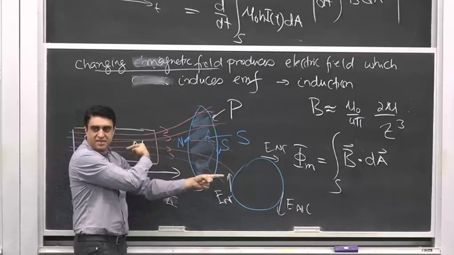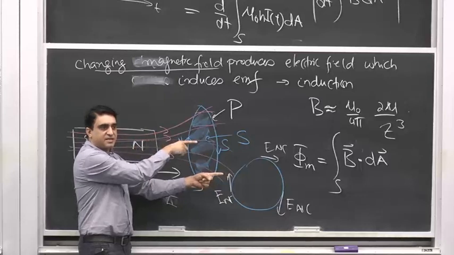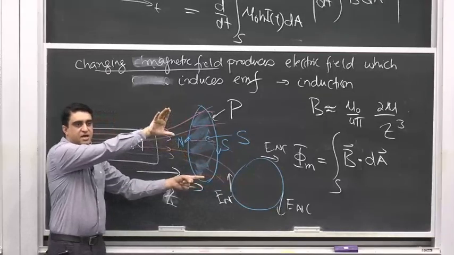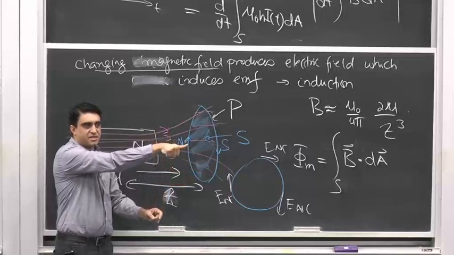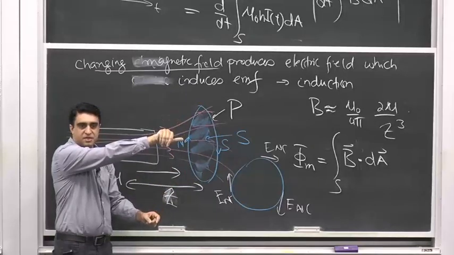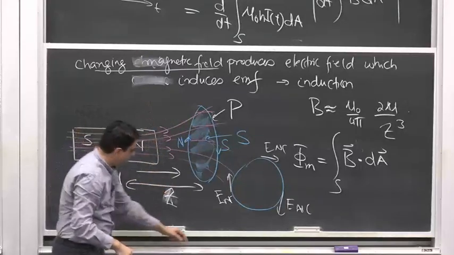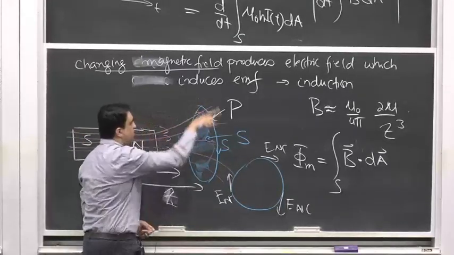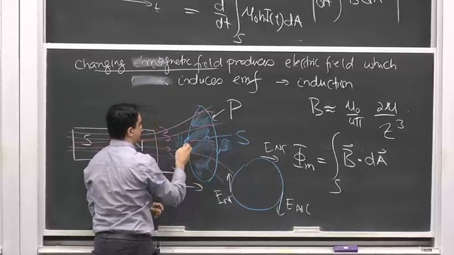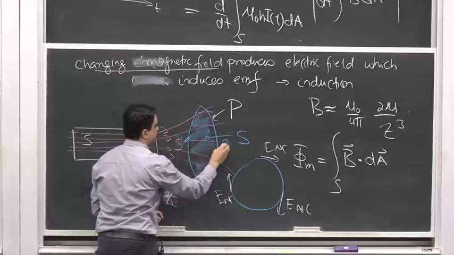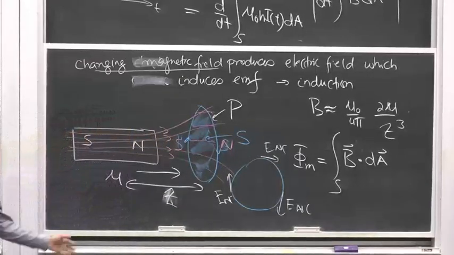So minus dB by dt is in that direction. So by the right hand rule, the current induced would be in this direction, so you would have this as a south pole and this as a north pole. They would attract each other.